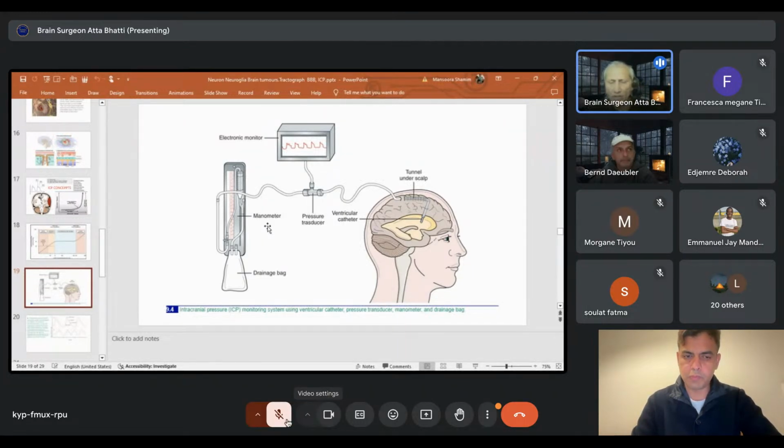Have you ever seen a CVP monitoring system in neuro ICU with this sort of monitor provided by different companies? The monitors have an option of pulse, blood pressure. There is also CVP, ICP monitor. So you see multiple functions being seen on the monitor in real time.